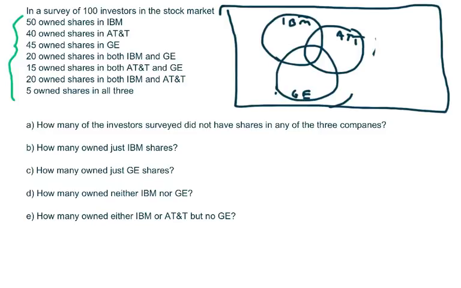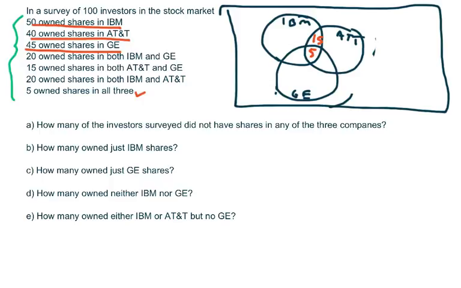I have a total of 50 in IBM, 40 in AT&T, and 45 in GE. So of 100, I have 15 that own both AT&T and IBM. I have 5 that own all three.